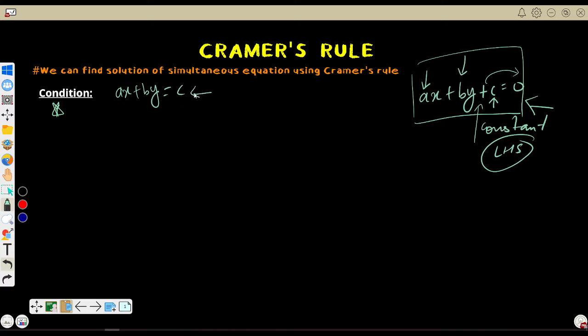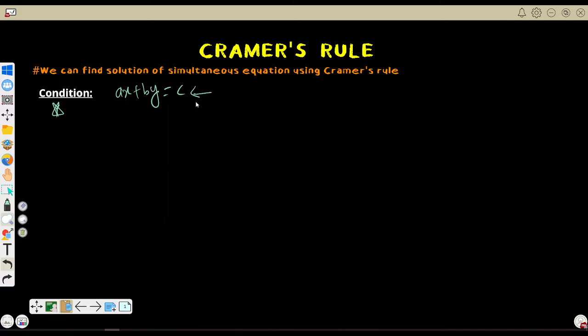So this is very important, you need to remember. If you want to use Cramer's rule, whatever the equation is given to you, make sure that the constant is on the right hand side. I hope this is clear to you. Now to understand what is Cramer's rule, we'll take an example from your book itself. I'll take a solved example so that things are clear to you.